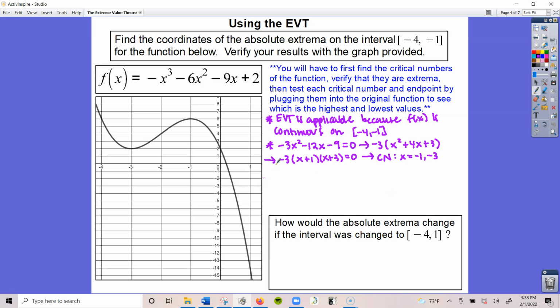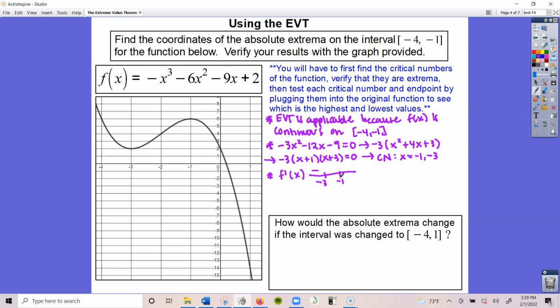At this point, I'm going to verify that they are extrema by creating the number line. Put my two critical numbers here in order, and now I'm going to test. If I plug in negative 4, this would be negative times negative 4 plus 1, which is negative, times negative 4 plus 3, which is also negative. 3 negatives makes a negative.